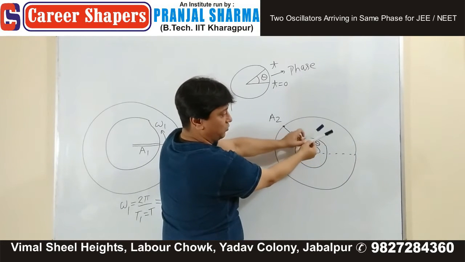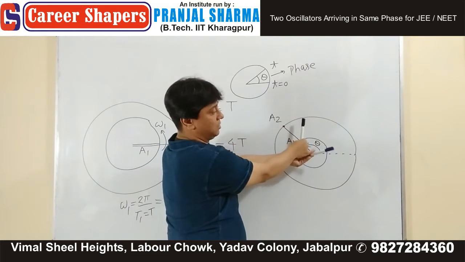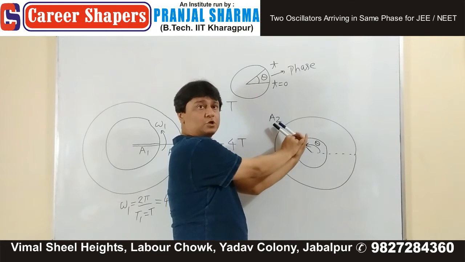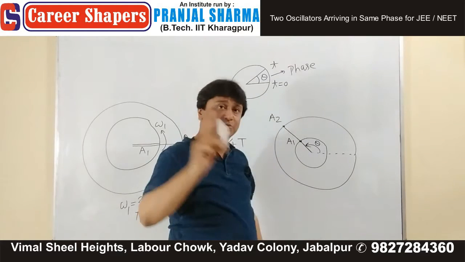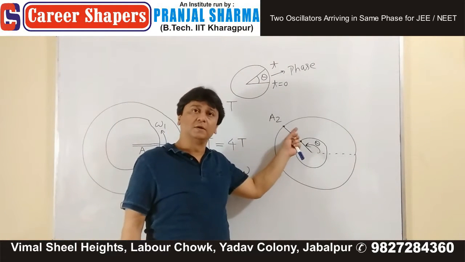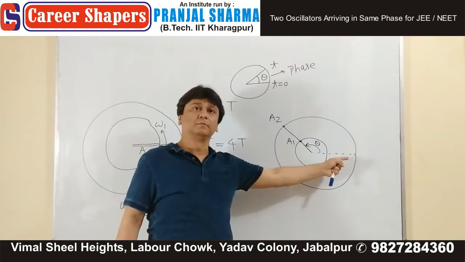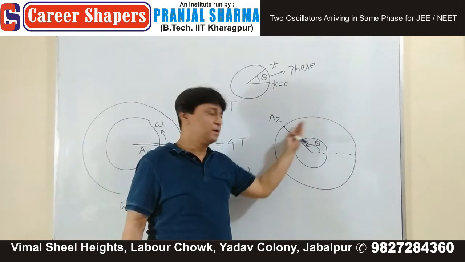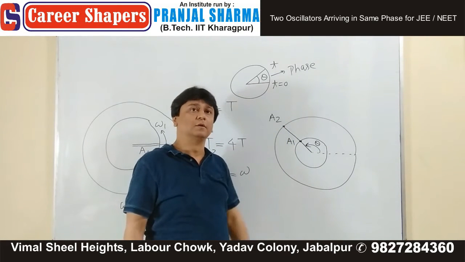The faster one completes a round and then overtakes the slower one. I hope you understand what I'm saying. That means the faster one has completed one complete rotation, and then it comes and overtakes the slower one.